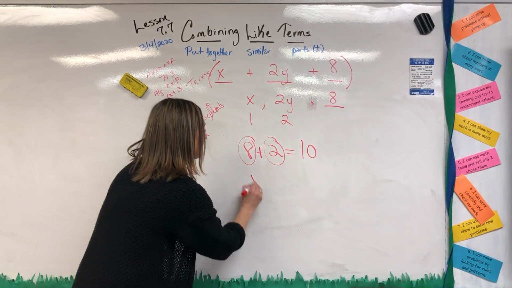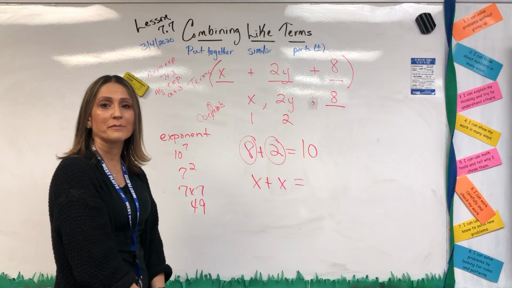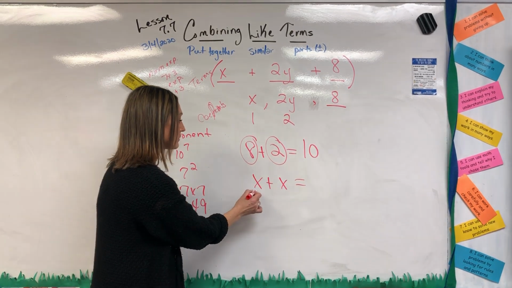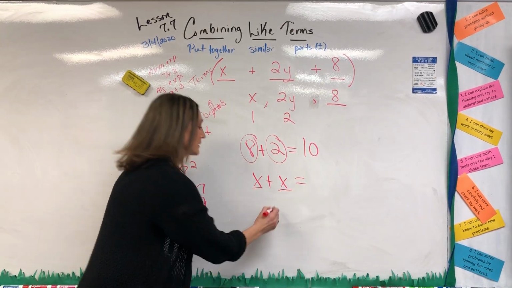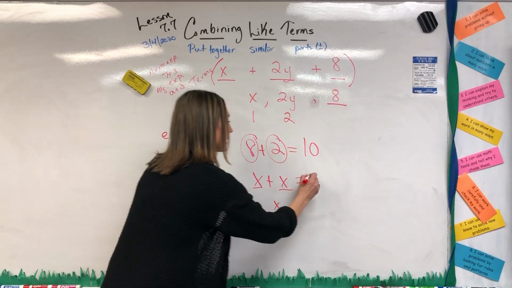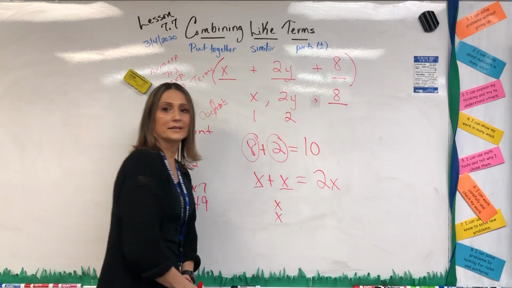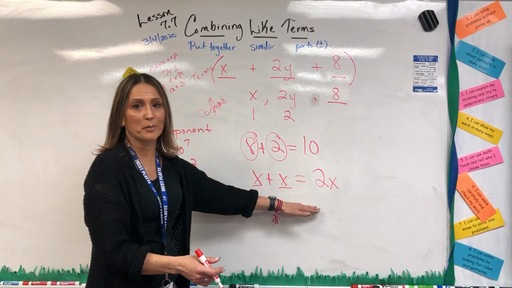Now I'm going to ask them, can you combine any like terms? They're going to say, well, there's one x, and there's another x. How many x's do you see? 2x. It's the same principle that they've been doing, but now we're looking at variables.